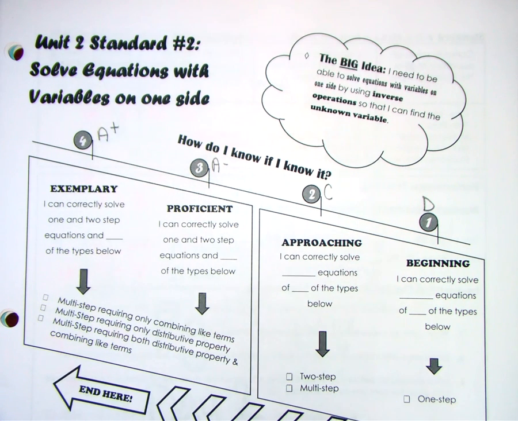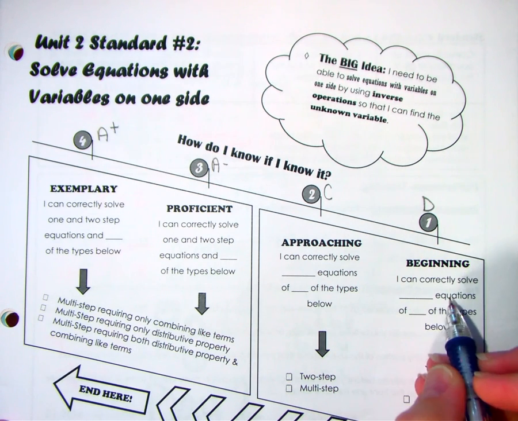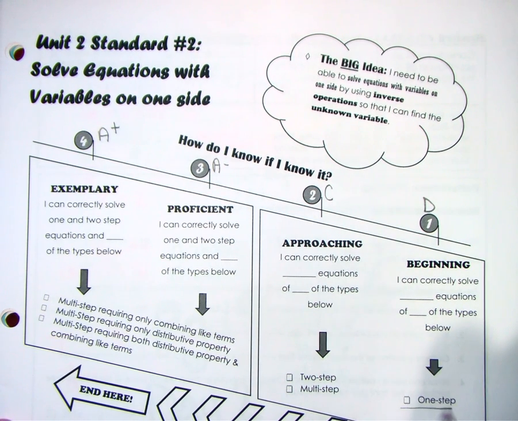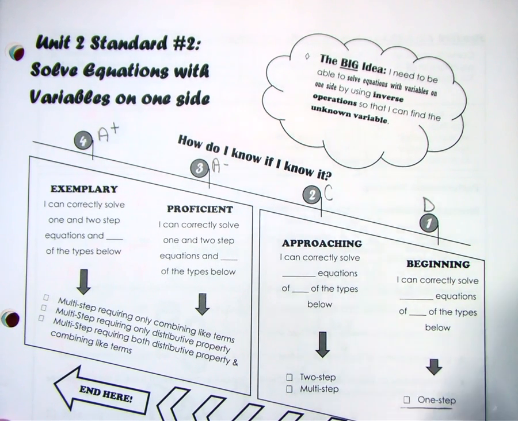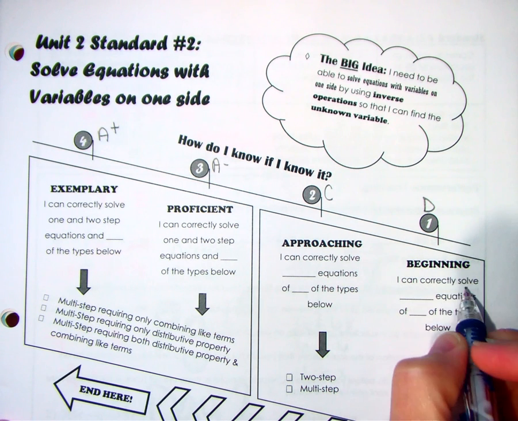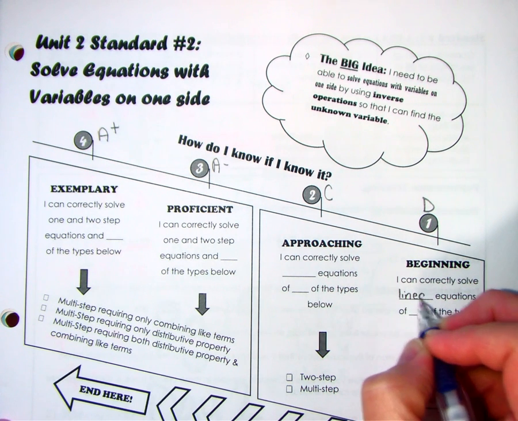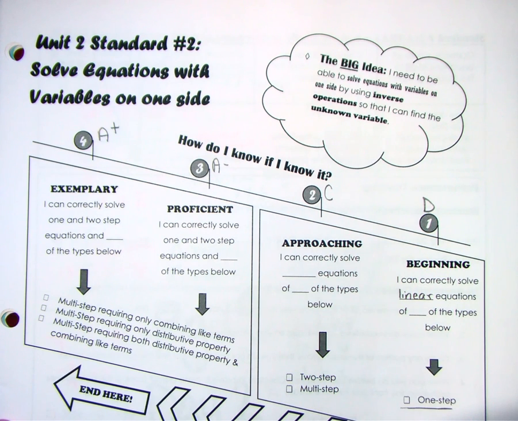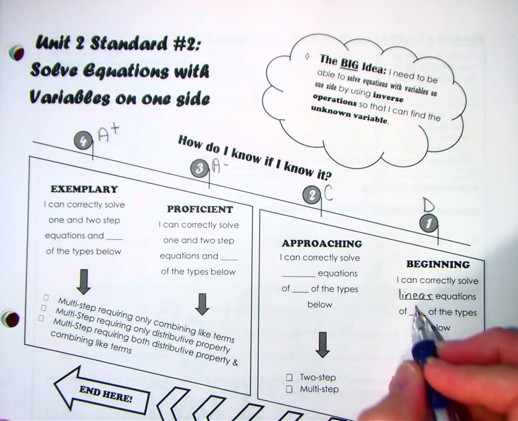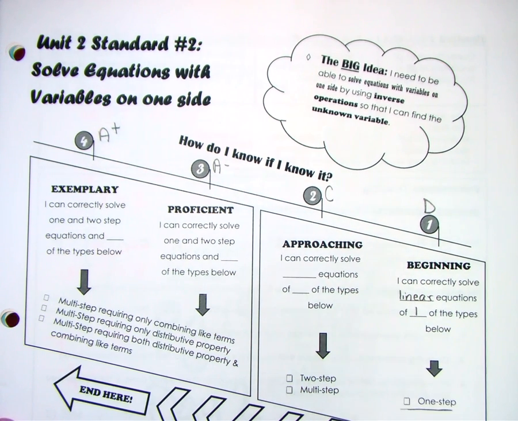Take a minute to just remind ourselves where we're at. We have already been able to solve one-step equations. So it says I can correctly solve linear equations of one of the types below.